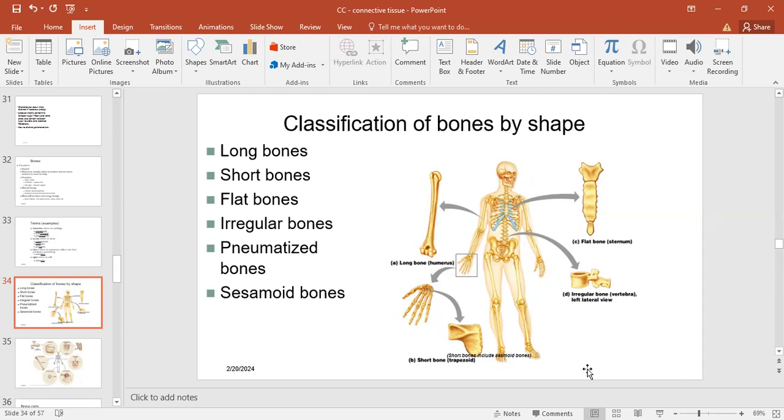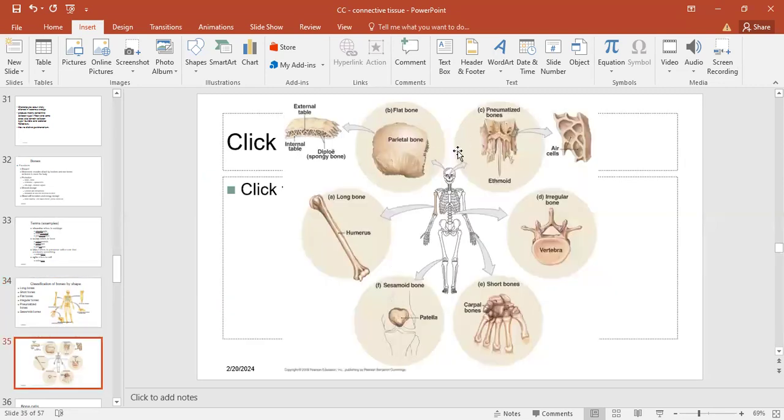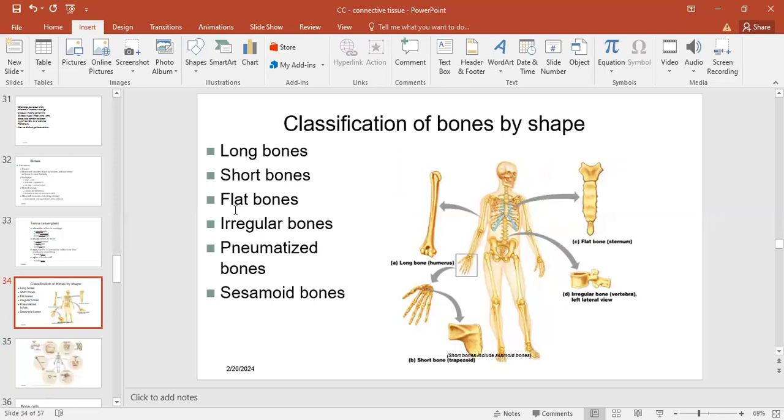All right, and then you have other bones, for example short bones. I can't find any example of short bones here, but hopefully we're going to find a picture. And then we have flat bones such as the sternum, in between the ribs, which is part of the rib cage.